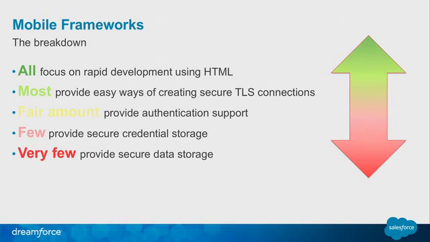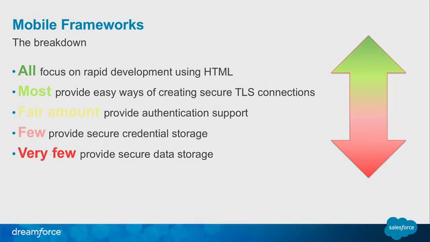We checked the frameworks out, and we saw that all of them obviously focus on rapid development, because otherwise, what would be the reason to use one of those? Most of them provide easy ways to have TLS connections, because we want secure protocols. Just a fair amount of them provide authentication support, and authentication support is key.